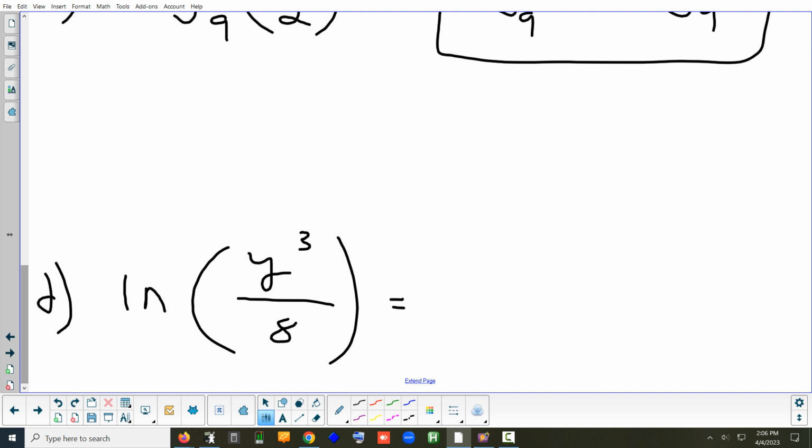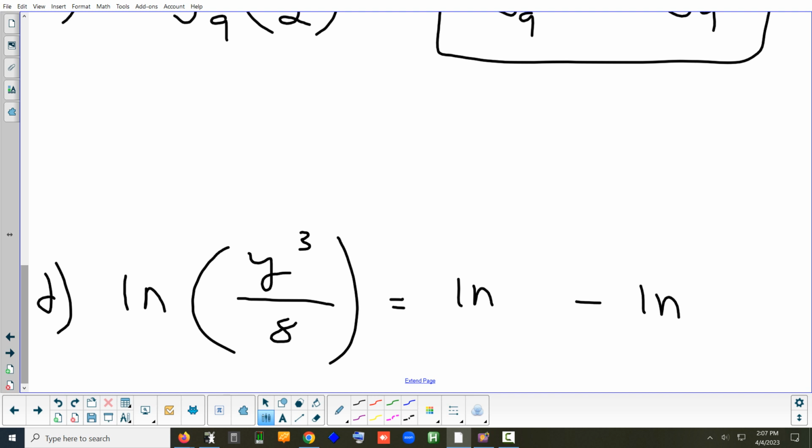So Kiana, what operation do we have inside the parentheses to our logarithm? That's division. And Dominic, division is going to split as subtraction. We're going to have 2 ln's. Austin, what's going to be the argument to my first ln?